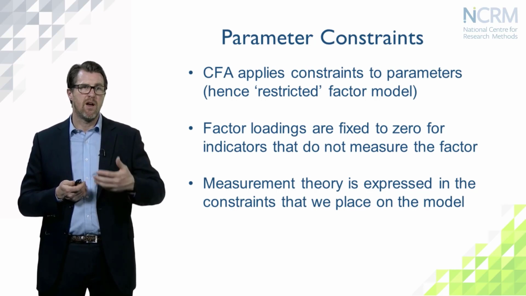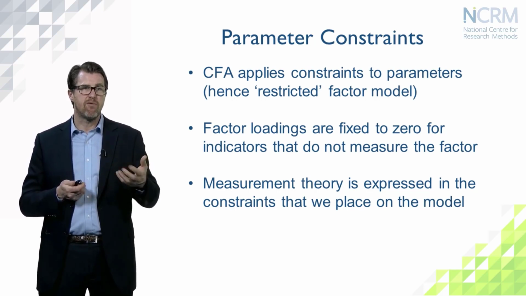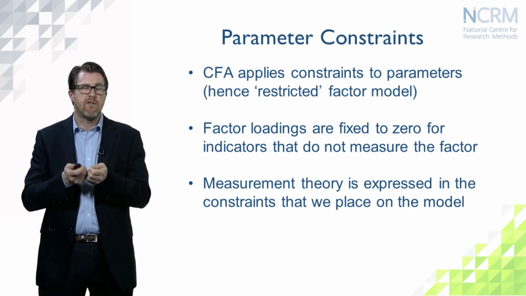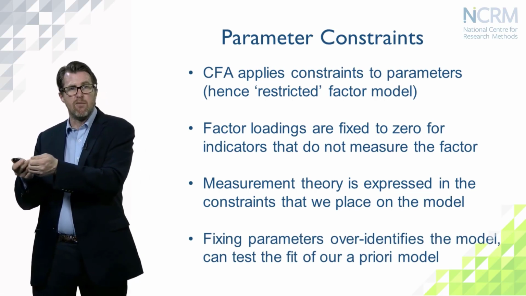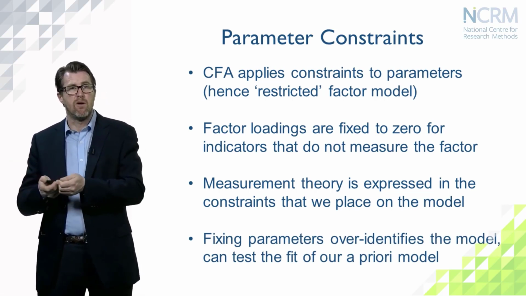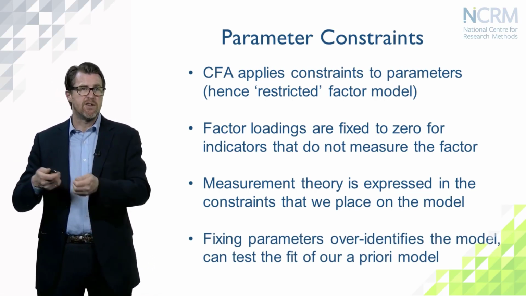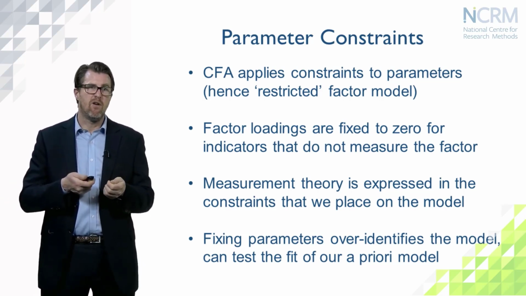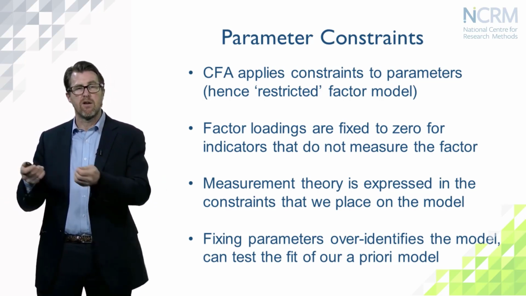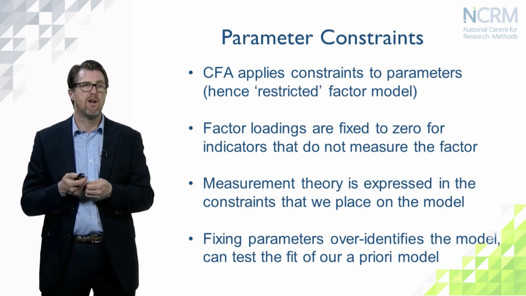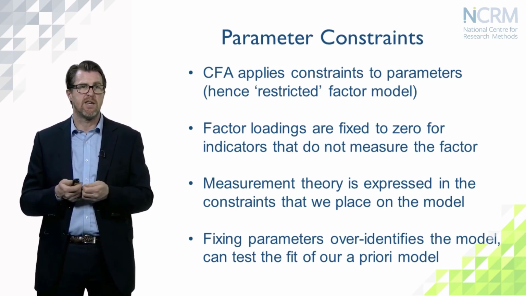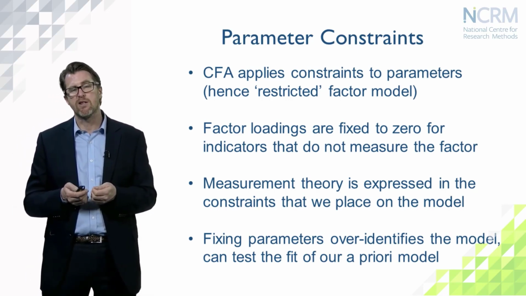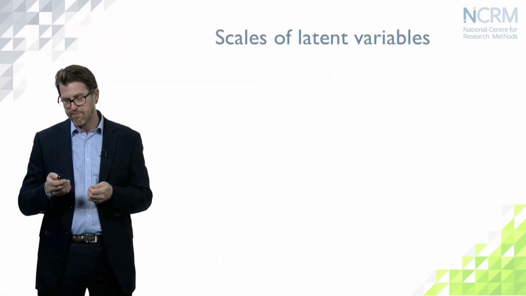And those restrictions, those fixing of parameters, they over-identify the model. So we are placing restrictions which give us more degrees of freedom in our model, which enable us in turn to test the fit of our model compared to the matrix that we've actually observed, S, the sample variance covariance matrix.